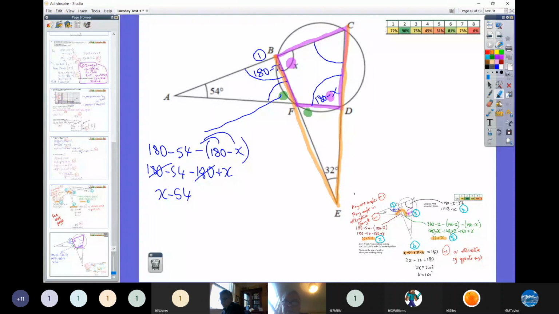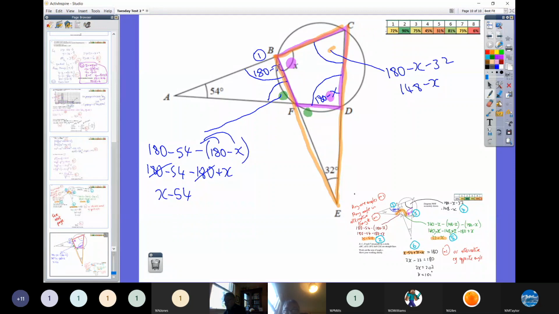That triangle BCE is going to be 180, take away x, take away 32, so that's 148 take away x.